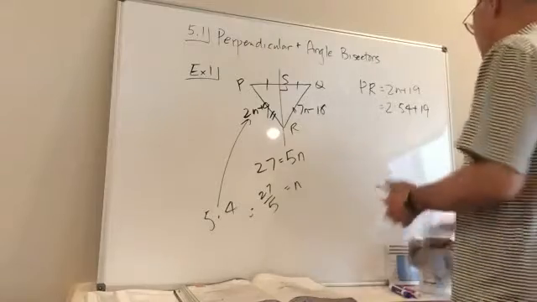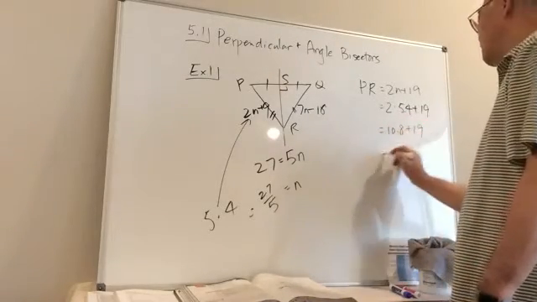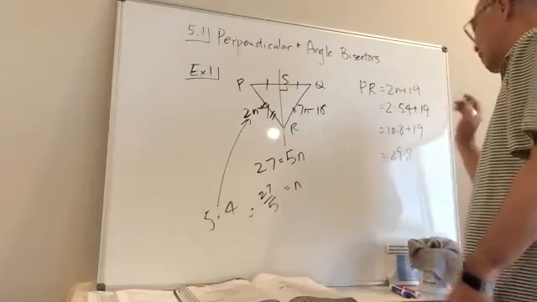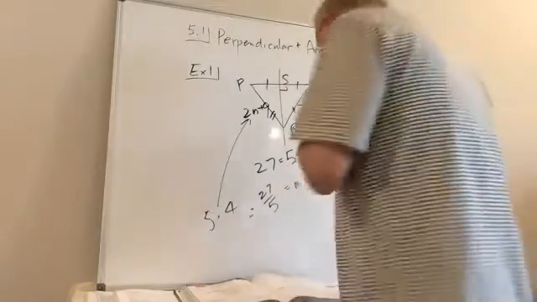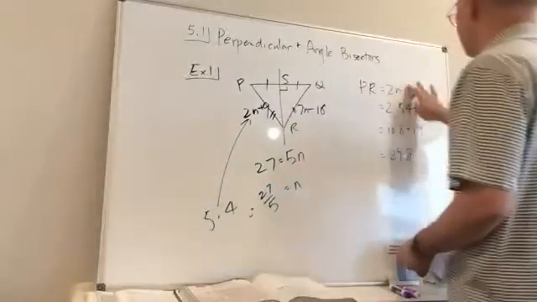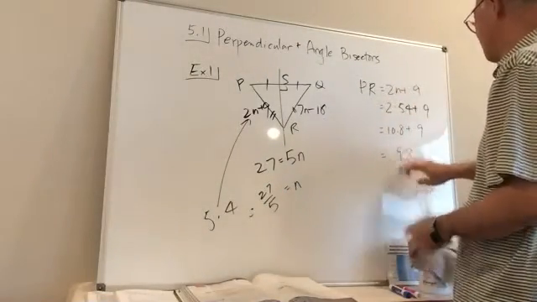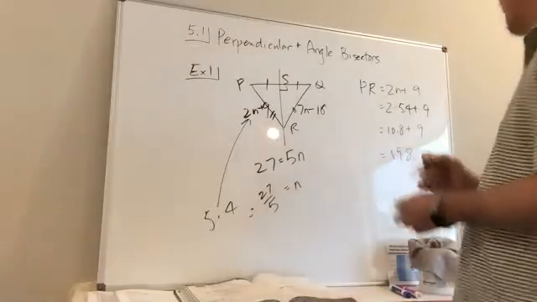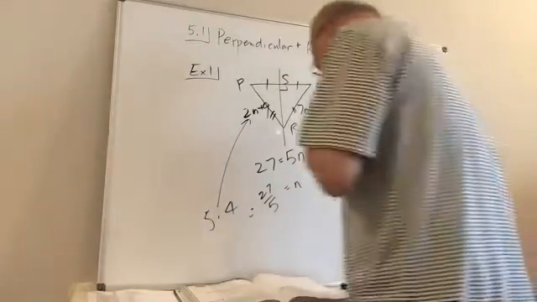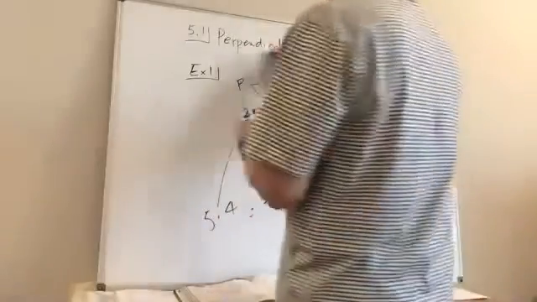So 10.8 plus 9 is 19.8. Okay, so that's how you work with the perpendicular bisectors.